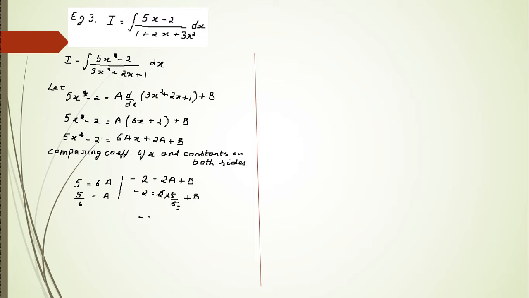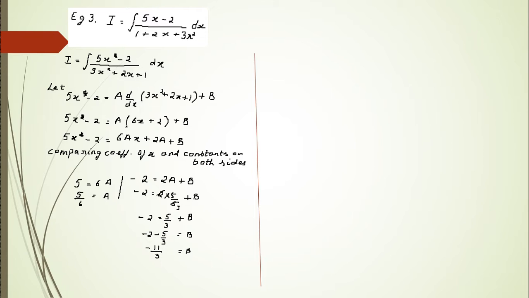So I'll get minus 2 is equal to 5 by 3 plus b. So b is equal to minus 2 minus 5 by 3. Therefore b is equal to minus 11 by 3.